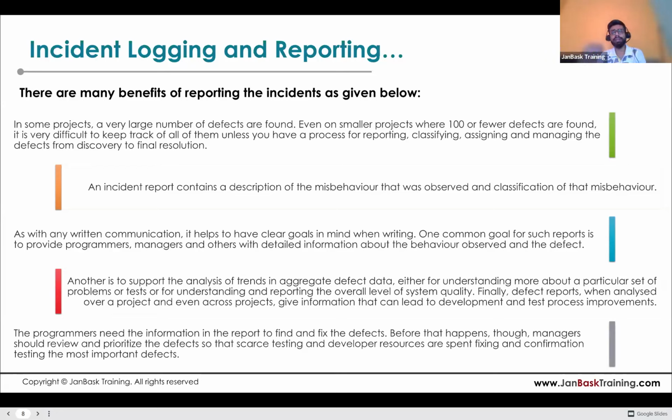So obviously, the description you are providing, the summary, the build details, the version details, the steps to reproduce, all those details will help in the communication channel, and will help everyone to understand the defect, or track the defect.